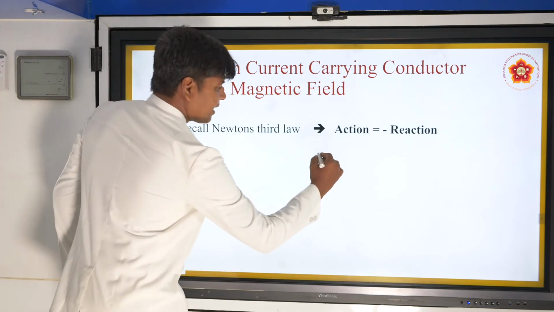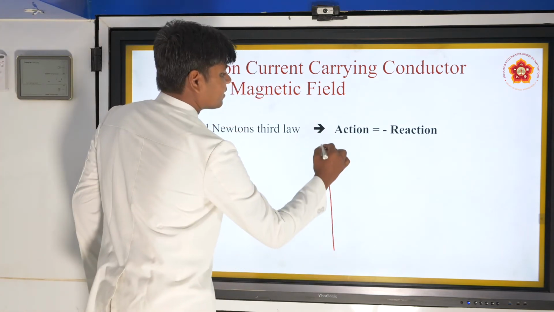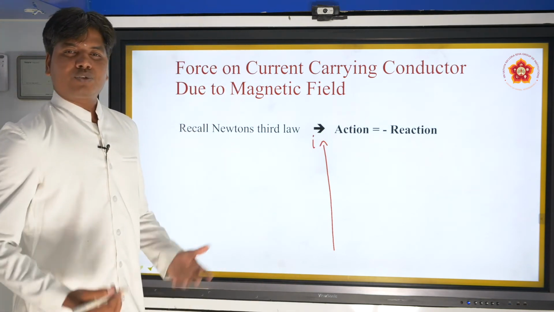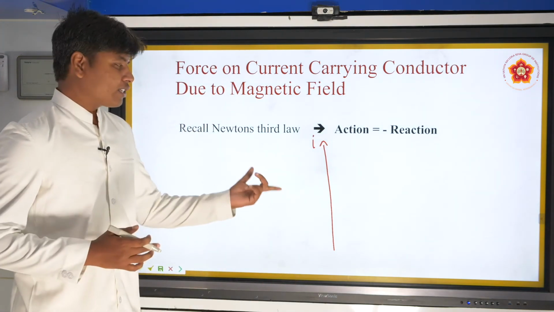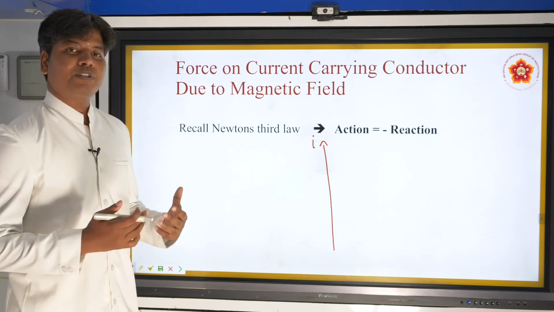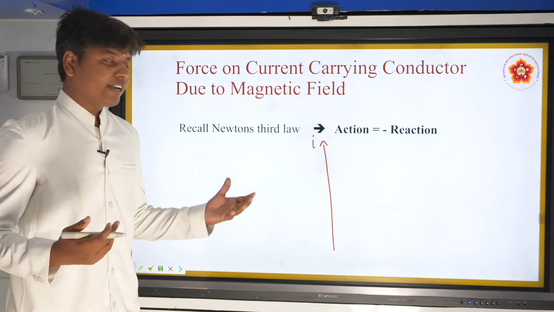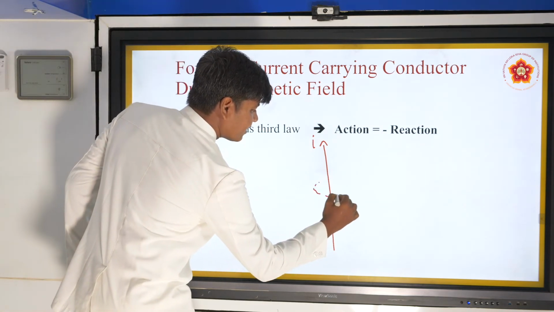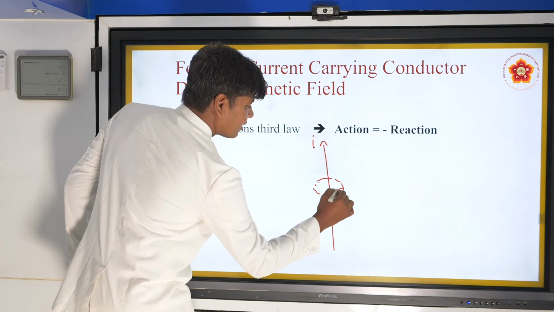So take a current carrying conductor here, a wire, and the direction of the current is upwards. What is the direction of the magnetic field lines produced by this? Concentric circles, right? In this way.